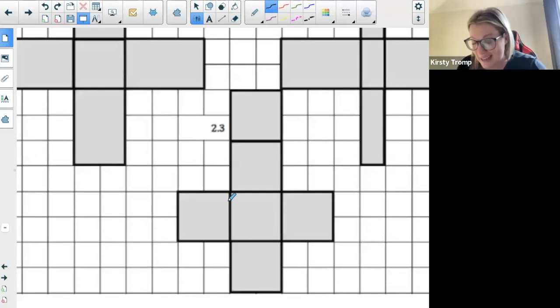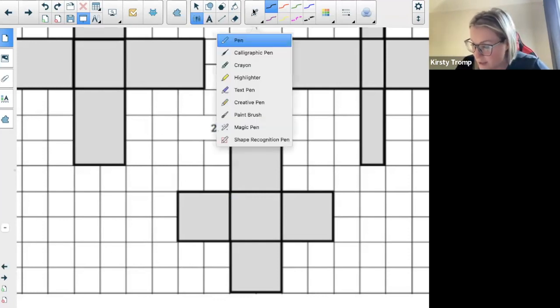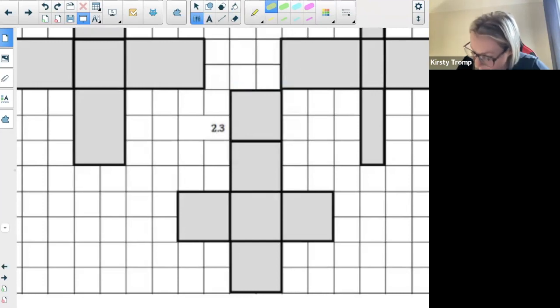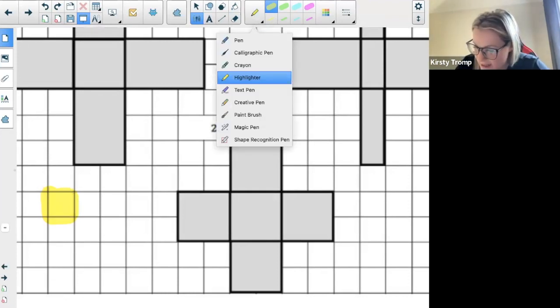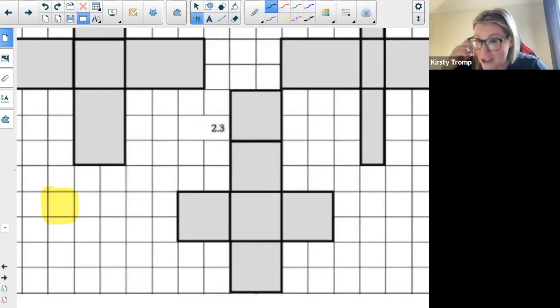What they're saying to us is that each of these little squares is equal to 1 centimeter. So in other words, each square is 1 centimeter squared.